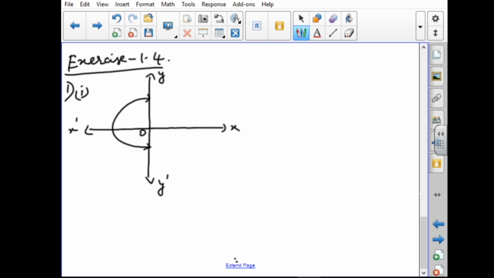The curve is given like that. We have to verify whether the given curve represents a function or not. So first we have to draw a vertical line on the curve, like that. What to see here? The vertical line is intersecting the curve here at one point, here also another point. So it intersects at 2 points.